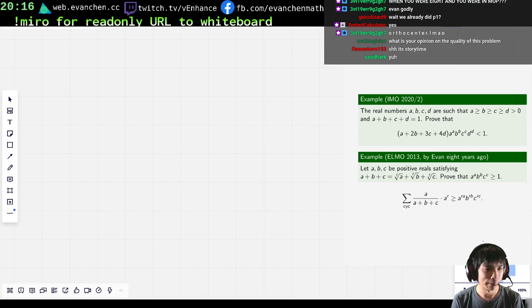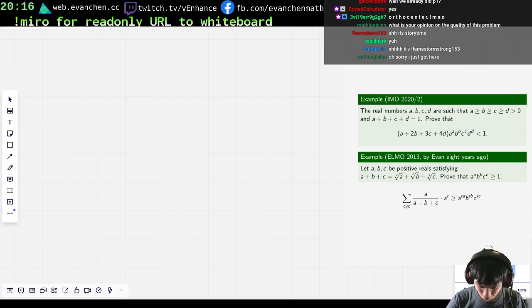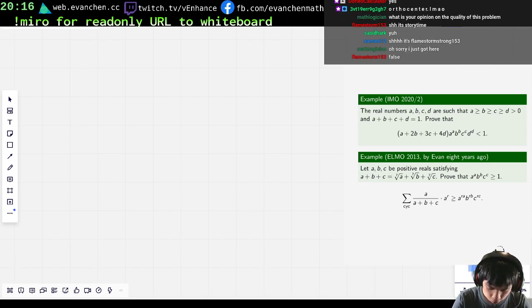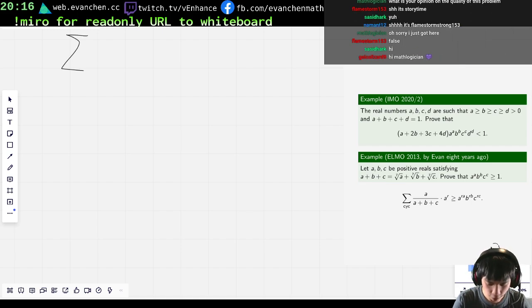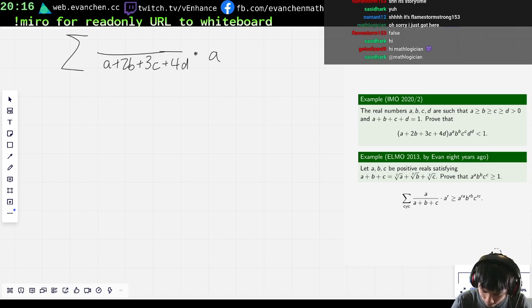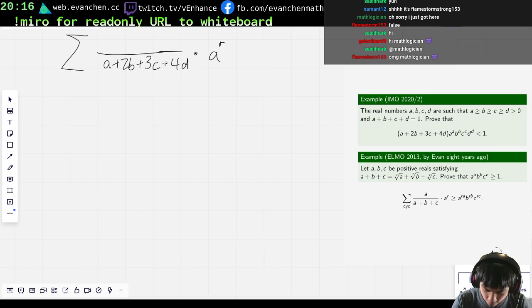So when I saw this problem, I was like, aha, it's back. What I wanted to do was use weighted AMGM, where I say cyclic sum of a plus 2b. I was like, this has to be it. I have these denominators, and so I'm going to put some weight here, and then I'm going to put some weight here, and it's going to be wonderful.